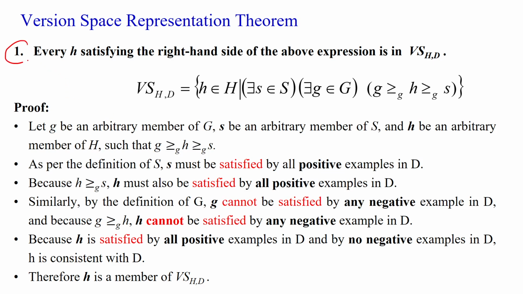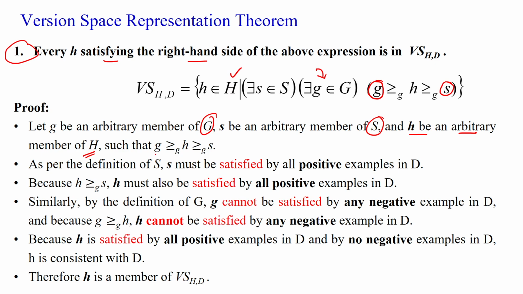The first condition is that every hypothesis satisfying the right hand side of the given expression is in the version space H comma D. From this, G is a set of general hypotheses in the general boundary, S is the specific hypothesis available in the specific boundary, and h is a random hypothesis from the hypothesis space capital H which is given.